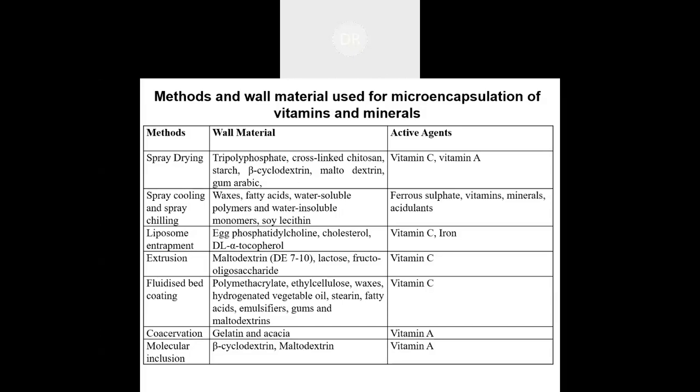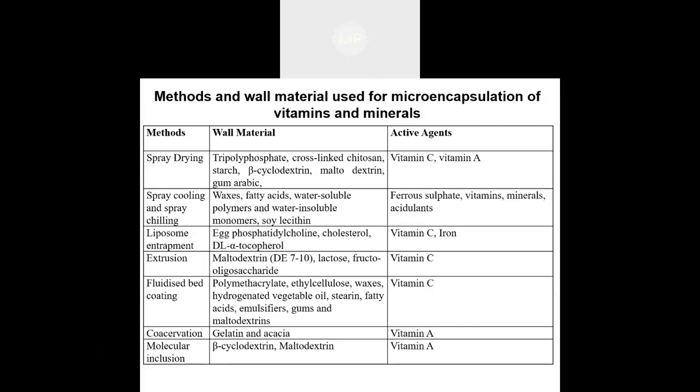Then ferrous sulfate and some other vitamins and minerals can be encapsulated by spray cooling methods, and waxes, fatty acids, water soluble polymers, water soluble monomers, and soy lecithins can be used as a wall material. Then vitamin C and iron are encapsulated with the entrapment method by using egg polymer, phosphatidylcholine, and tocopherol as a wall material.